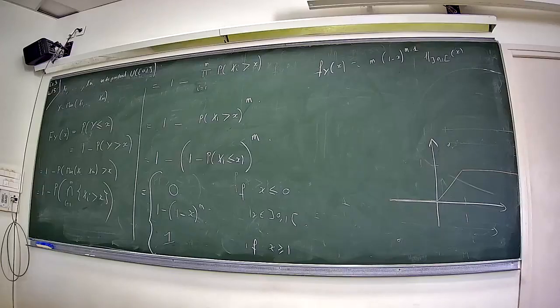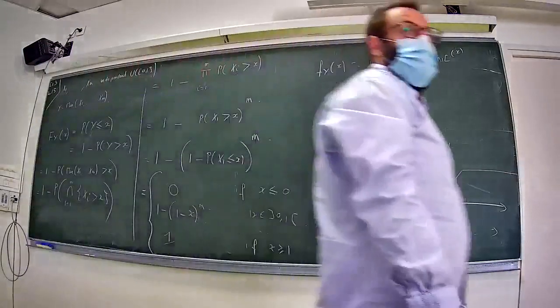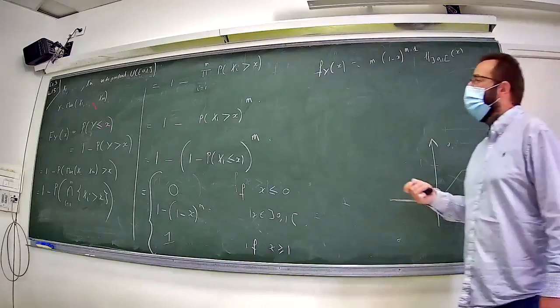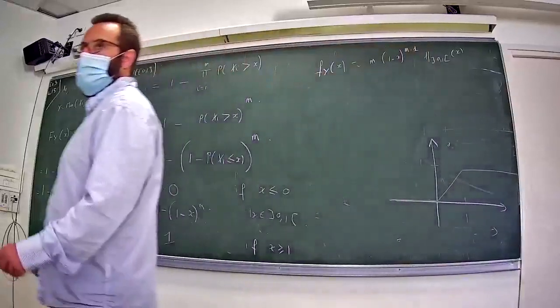I just computed the derivative: it is minus n, multiplied by minus 1 because I have 1 minus x, to the power n minus 1, and just take care that I am in the good interval. So you have here the density function of the minimum of n independent uniforms on the interval 0, 1.